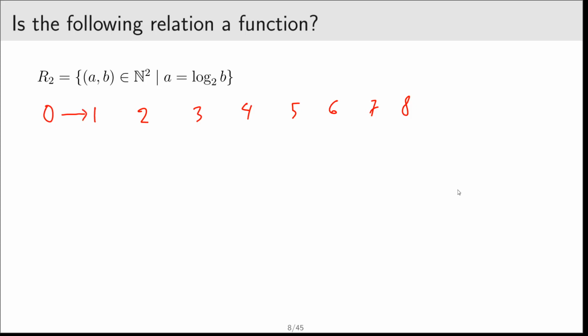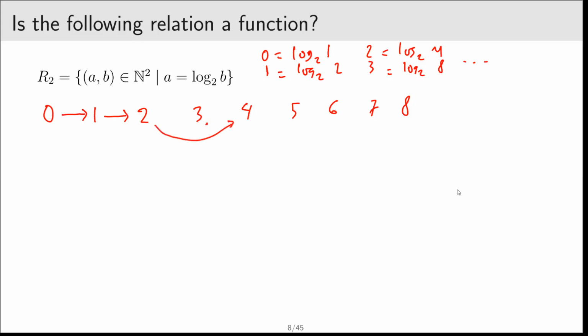Why? Because 0 is log 2 of 1, right? And from 1, there is an outgoing arrow to 2, because of course 1 is log 2 of 2. Similarly, 2 is log 2 of 4, 3 is log 2 of 8, and so on. So you have 2 to 4, 3 to 8, and you could guess where the outgoing arrow from 4 goes.